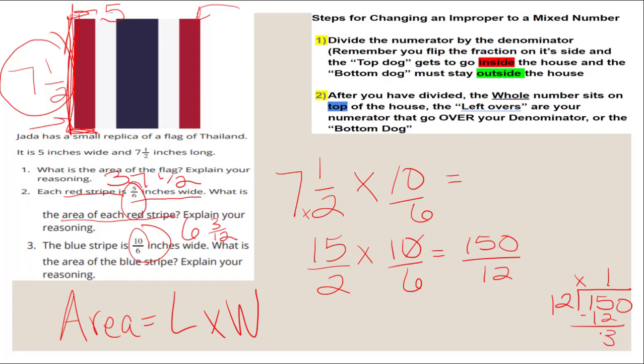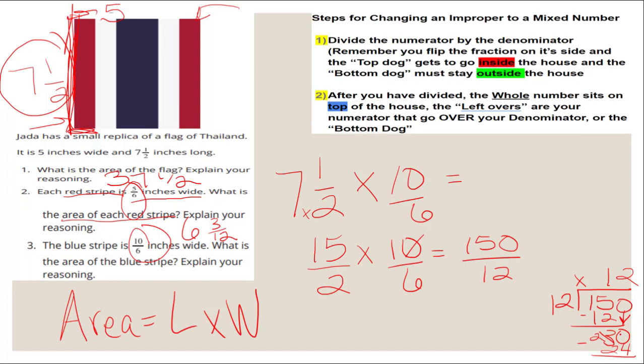Bring down. Goes into, how many times can 12 go into 30? Well, it can go 2 times. 2 times 12 is 24. Subtract. 4 cannot be taken away from 0, so I have to go over here to the tens house. Borrow a 10, so there's 2 tens left.